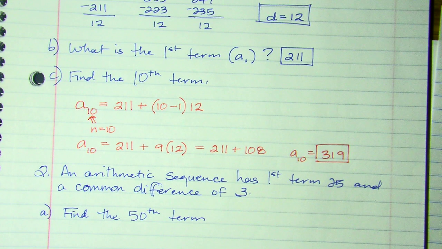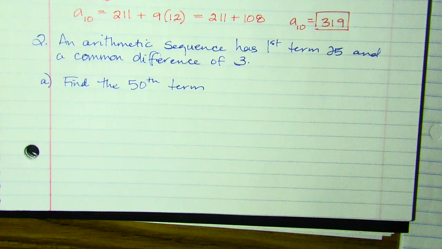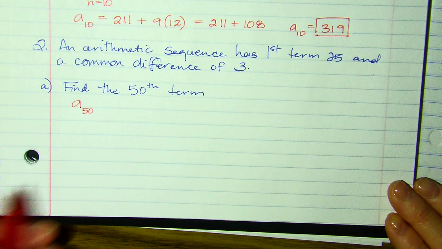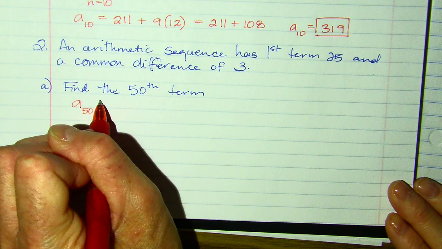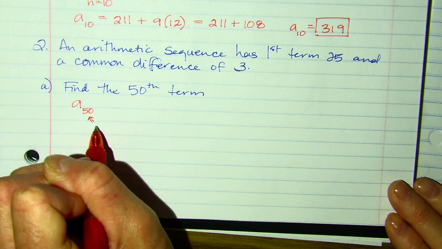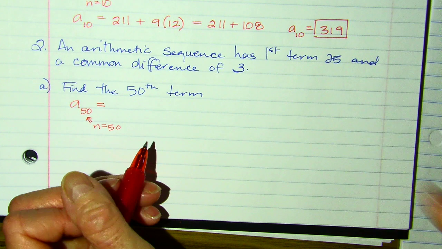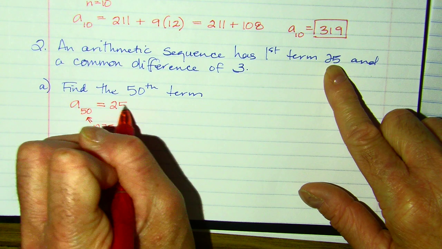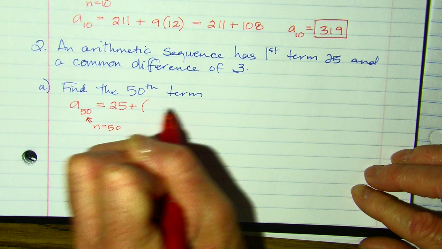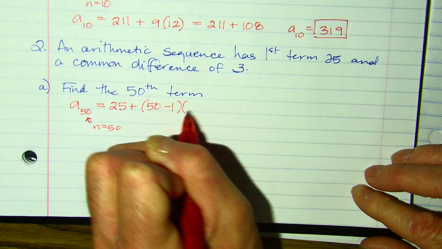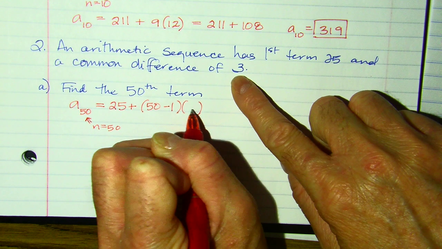All right, so let's use our formula. I'm looking for A50, the 50th term. Once you write 50, that tells you that that right there is n. n is 50. So I'm going to write my first term, which they told me is 25, plus the formula is n minus 1, so 50 minus 1 times d, which they told me is 3.